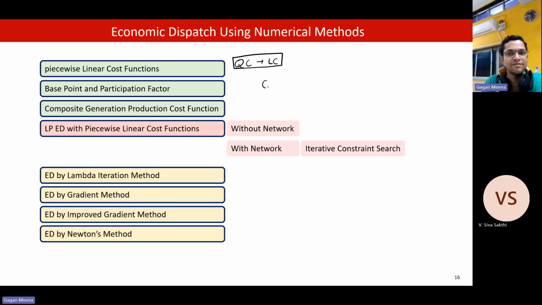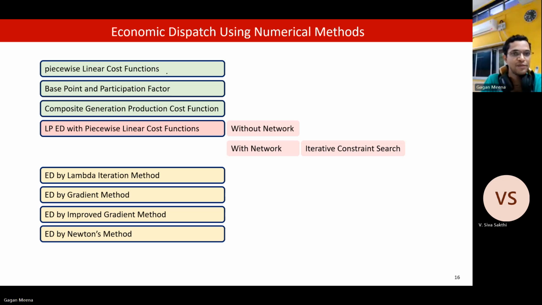But if I have n generators, each with their own characteristic curve, and I want only one characteristic cost curve for this composite, combined generator, how can we do that? That is the composite generation production cost method.